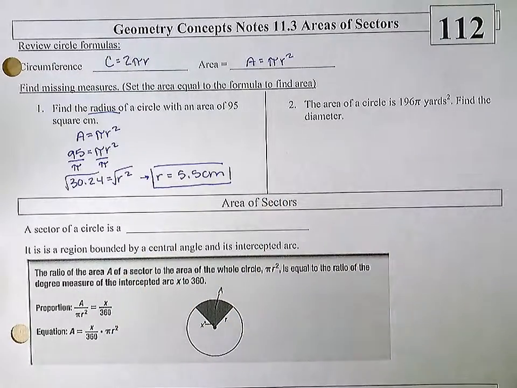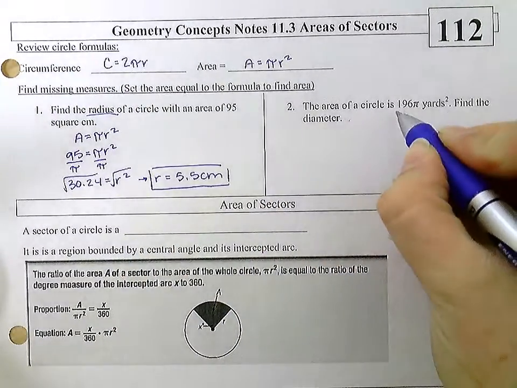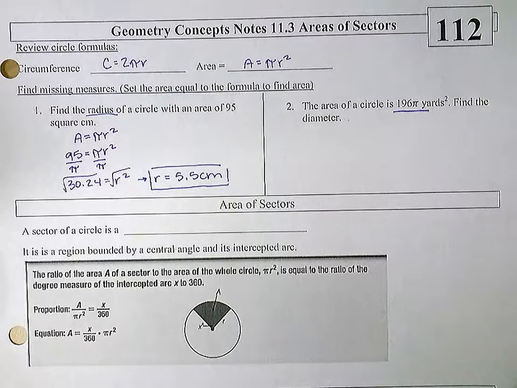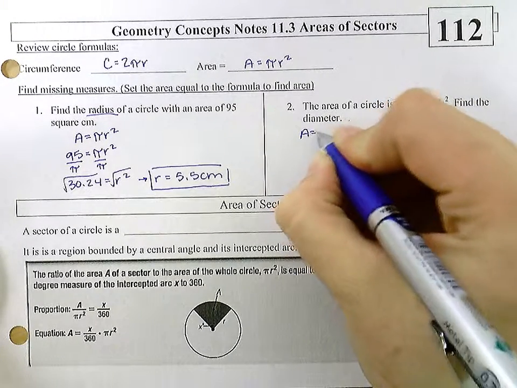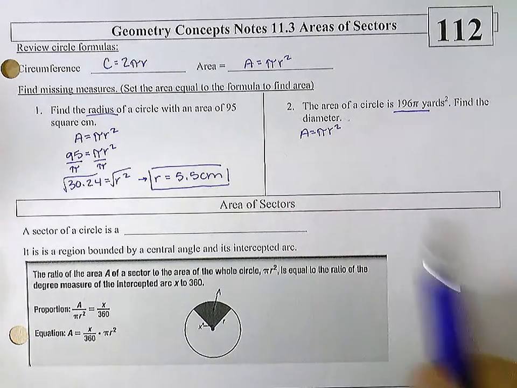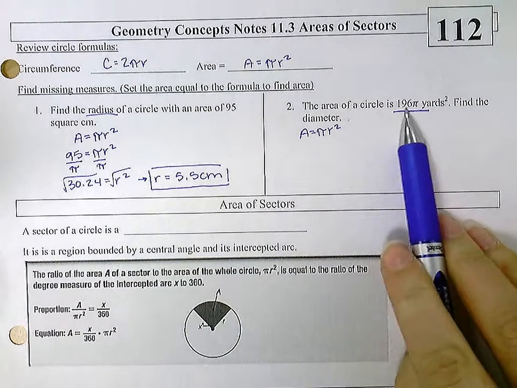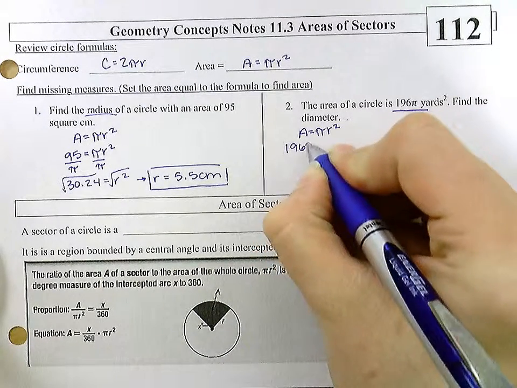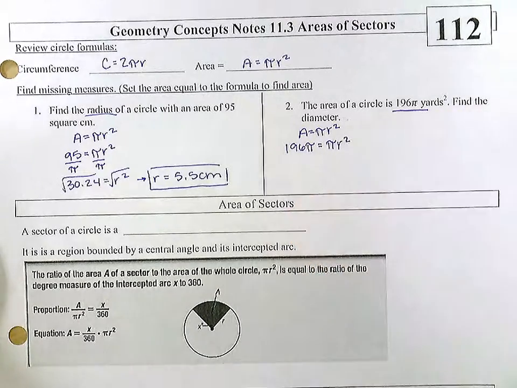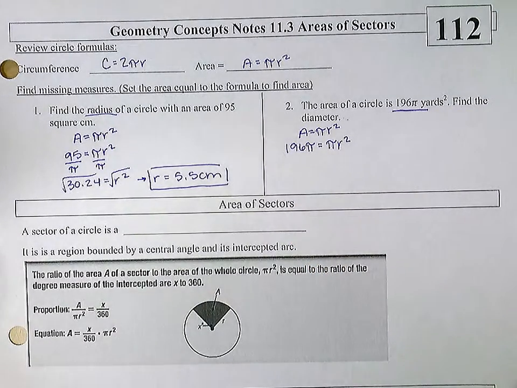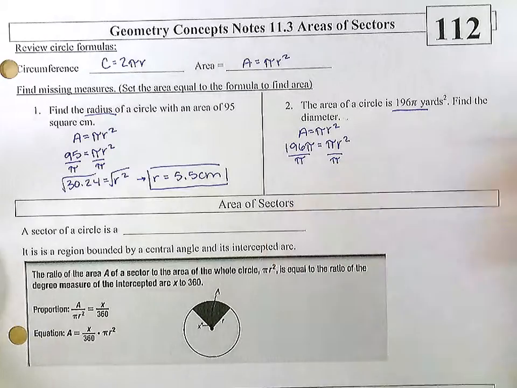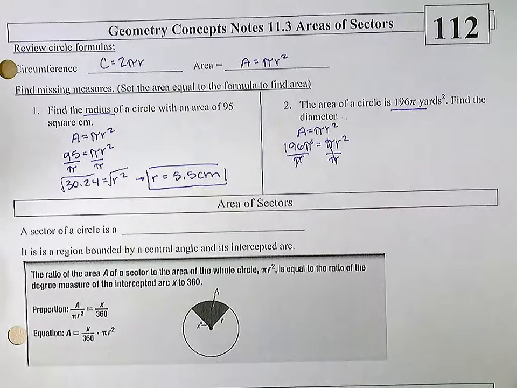Same thing in number 2. We are given the area of a circle is 196 pi yards squared, and we want to find the diameter this time. So still just using our area formula, we're given A is 196 pi, so we'll plug that in for A. And again, I want to solve for r. So I'm going to divide both sides by pi. They end up canceling here and canceling on the left.